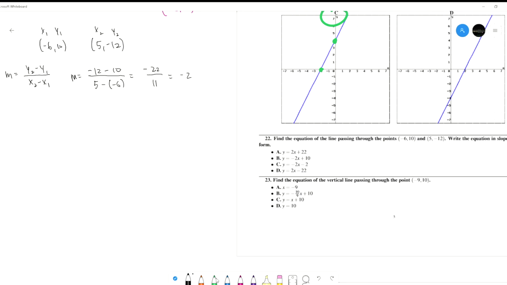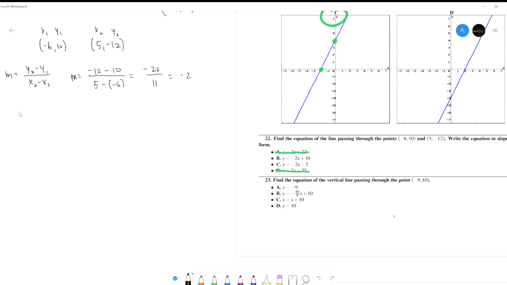So right off the bat, because my slope is -2, I know that A is wrong, right? And D is wrong. So it shows me my y-intercept is going to be either 10 or -2 if I keep going. Alright, so let's solve the equation of the line.